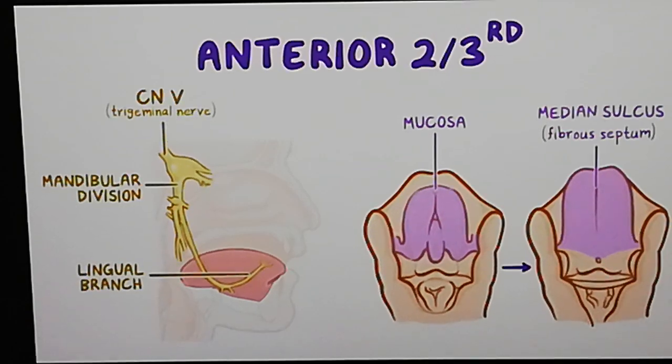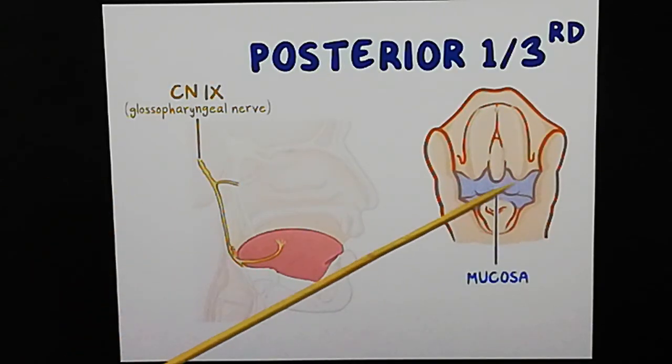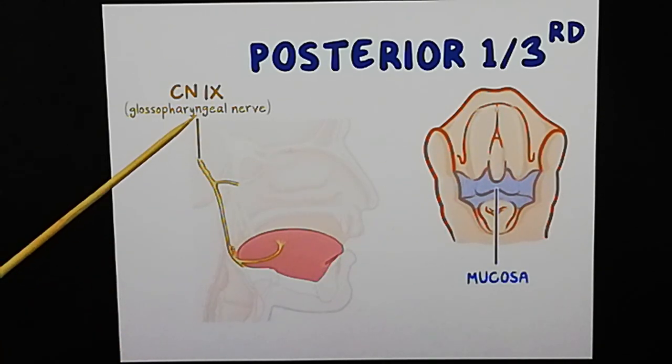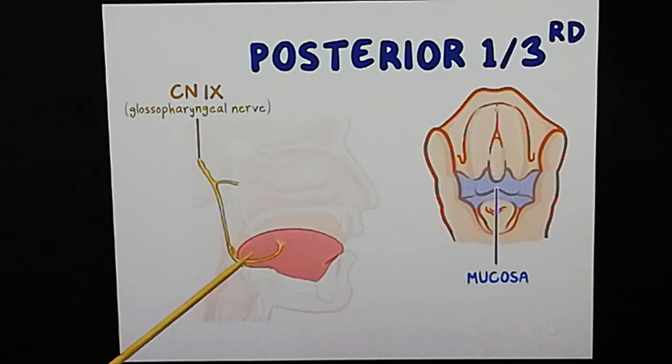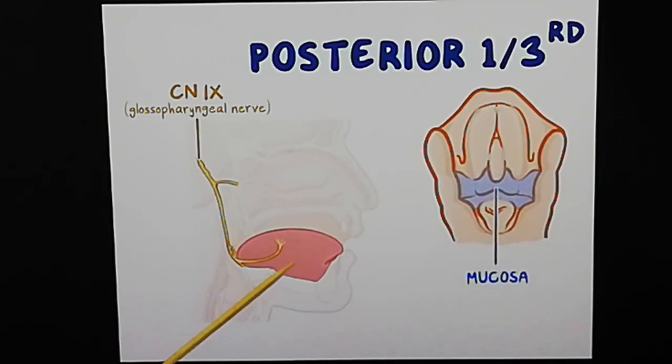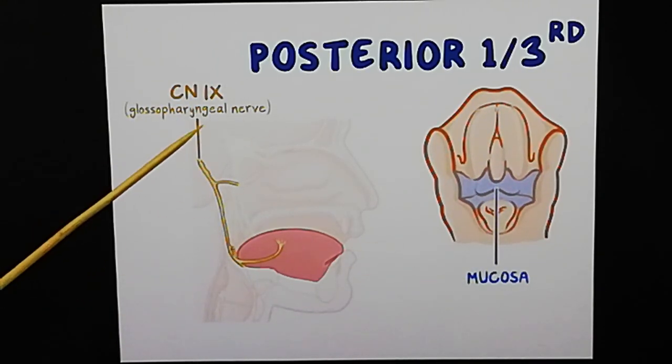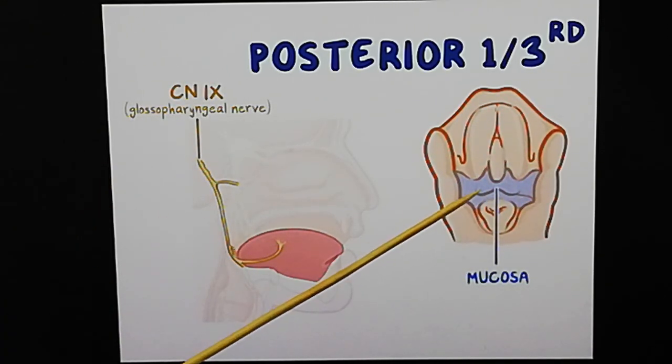Now see next, the posterior one-third of your tongue. This is being supplied by the glossopharyngeal nerve, right? Because this is the nerve of the third arch, and we have already seen that the third arch contributed more, and so its nerve is carrying the general sensory fibers and the special sensory fibers to the mucosa of the posterior one-third of the tongue.